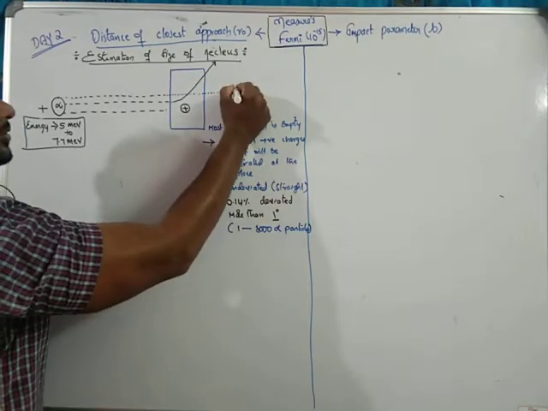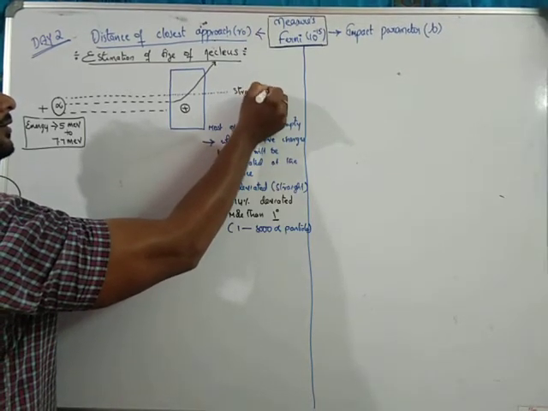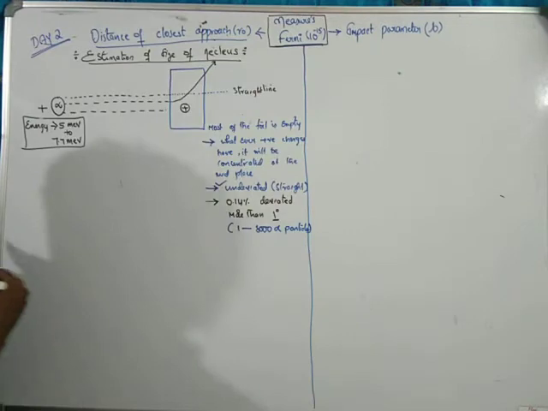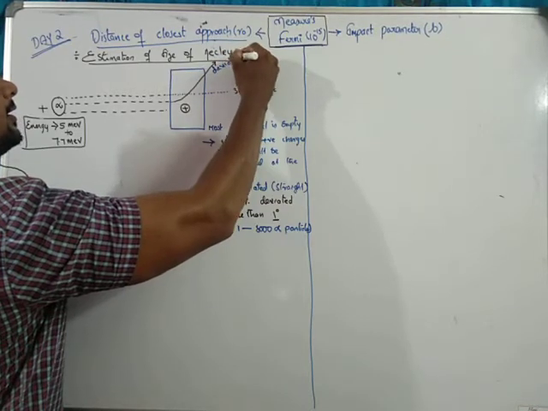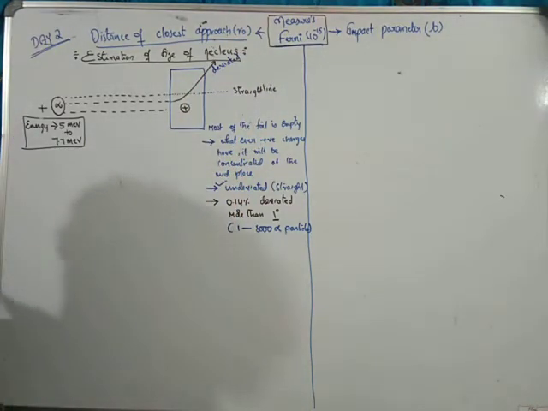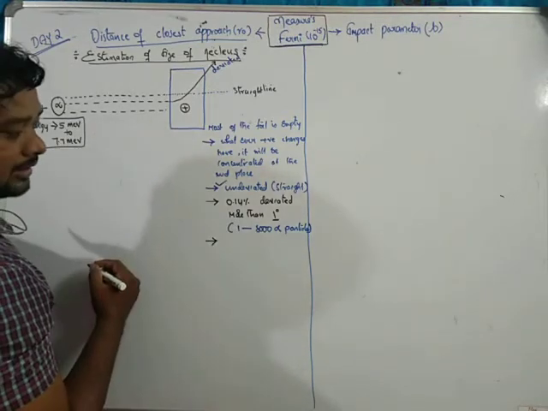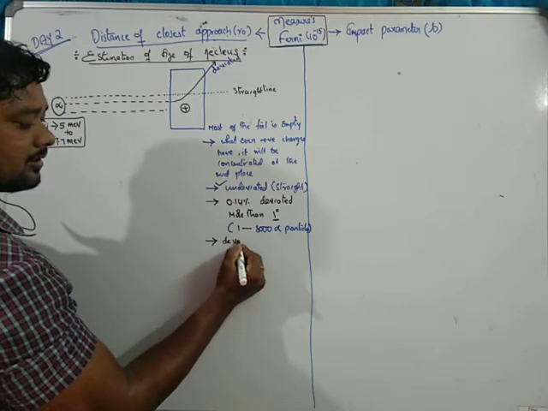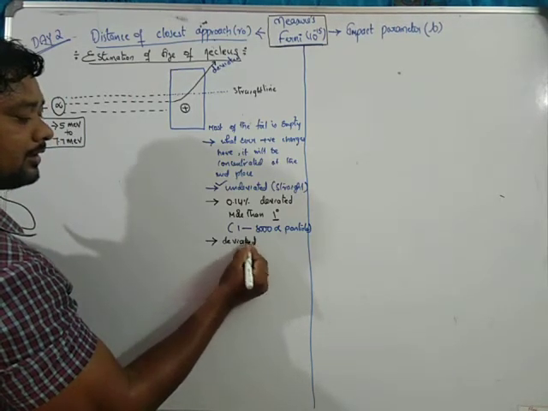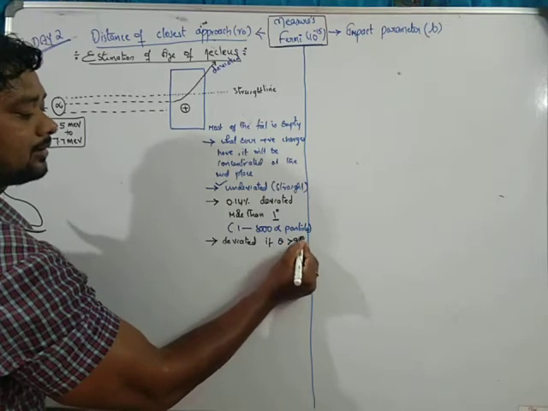So the first one moves in a straight line, the second one is deviated. And the third point, we consider at the center point. Here we also have a second condition: deviated if theta is greater than 90 degrees.